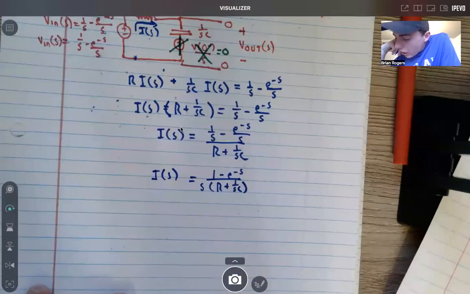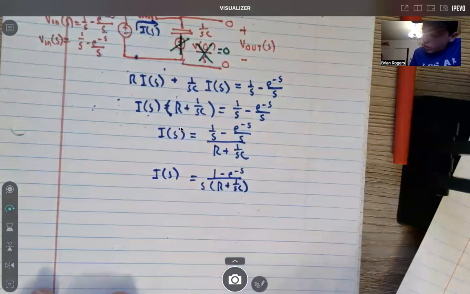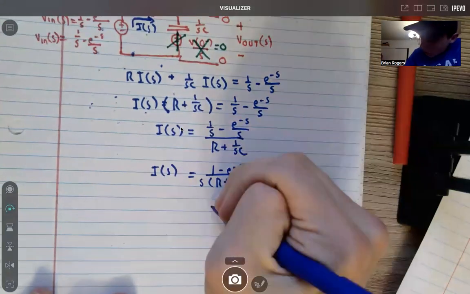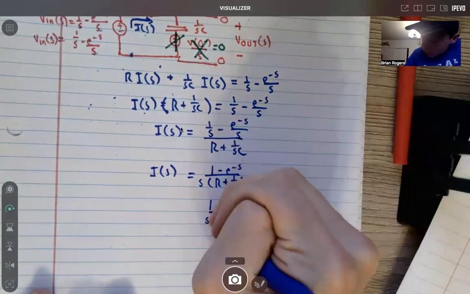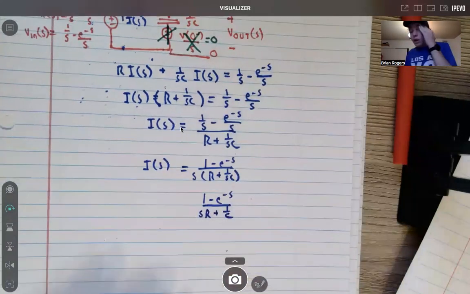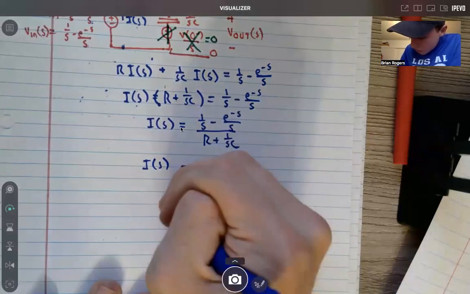And if I multiply that s through, I'm going to get 1 minus e to the negative s all over s of R plus 1 over C. And so my I of s is equal to all this.